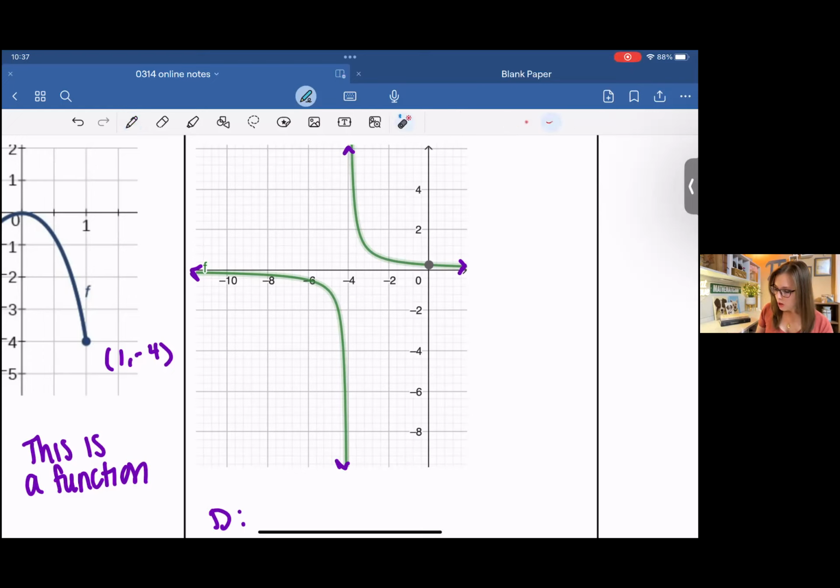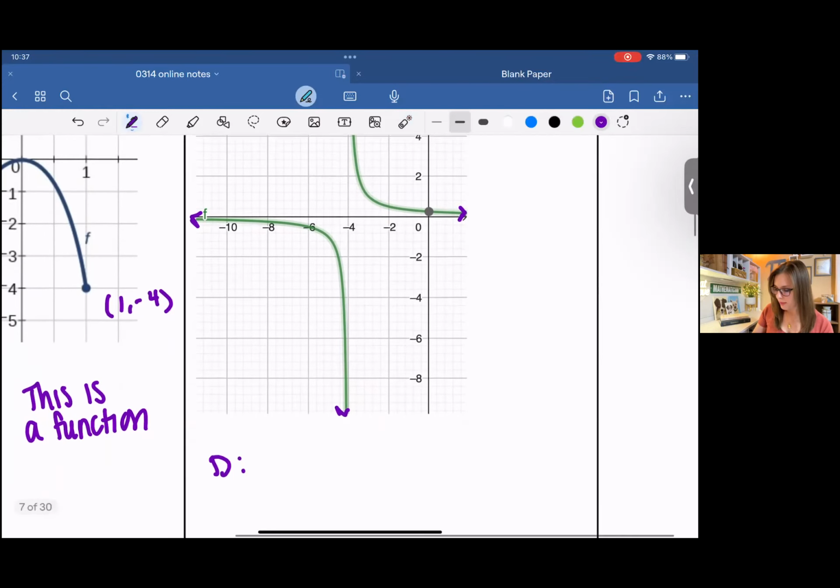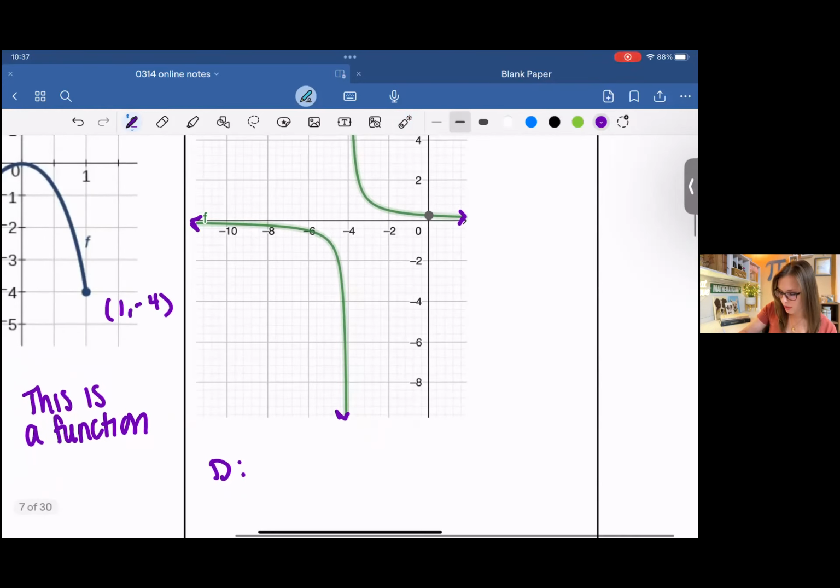So if I'm focusing on the x values, I have x values all here. And then there's this kind of break in the graph, and then x values all here. So this points into negative infinity, this points into positive infinity.